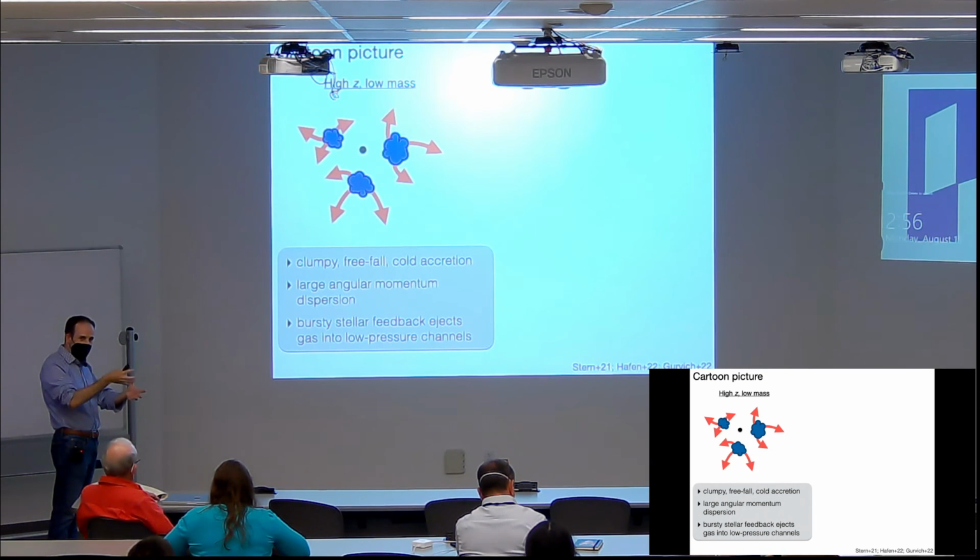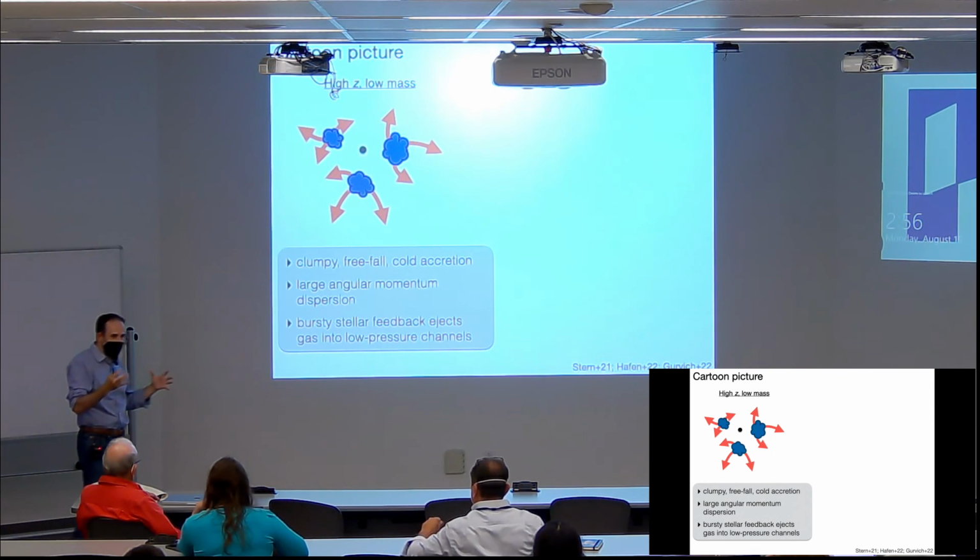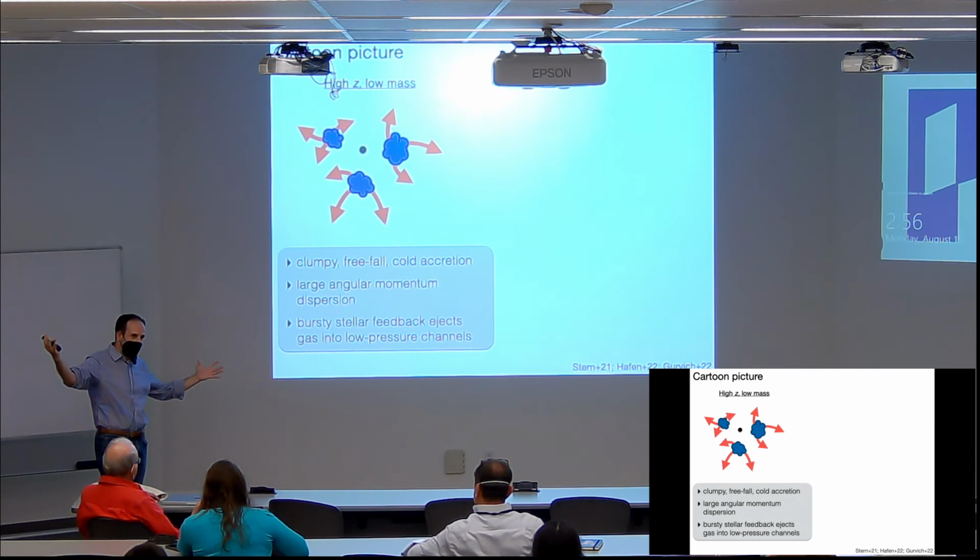And so you first form stars in a disturbed morphology, and then you have bursts of stellar feedback that easily ejects the remaining gas out to large radii into the CGM, drives what you might observe as galactic winds, and kind of keep preventing the formation of a long-lived disk.